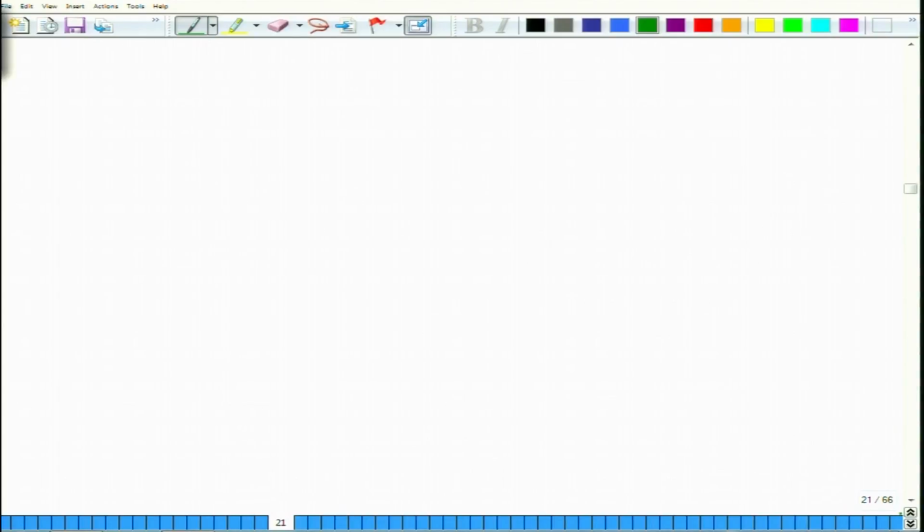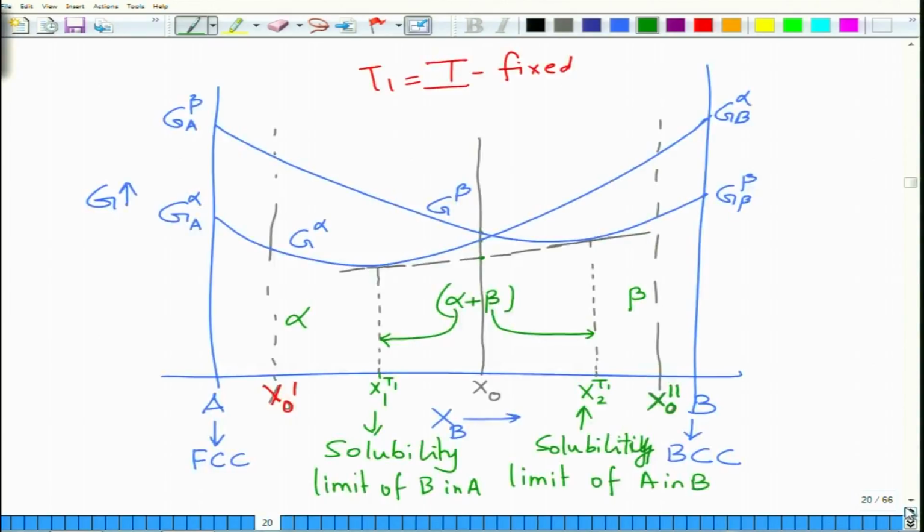So, what we do here is basically if you look at the free energy profile, the free energy drops from this point. Let us say this is G naught beta, this is G naught alpha, and what you have here is G equilibrium. The equilibrium free energy is lower than G naught alpha and G naught beta.